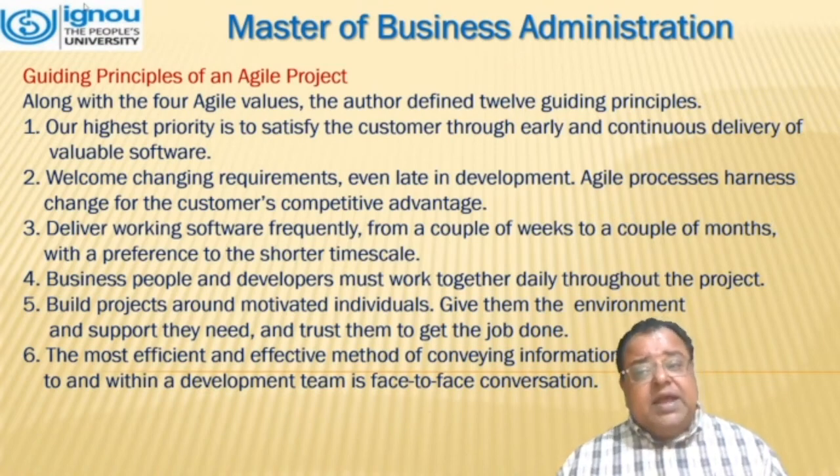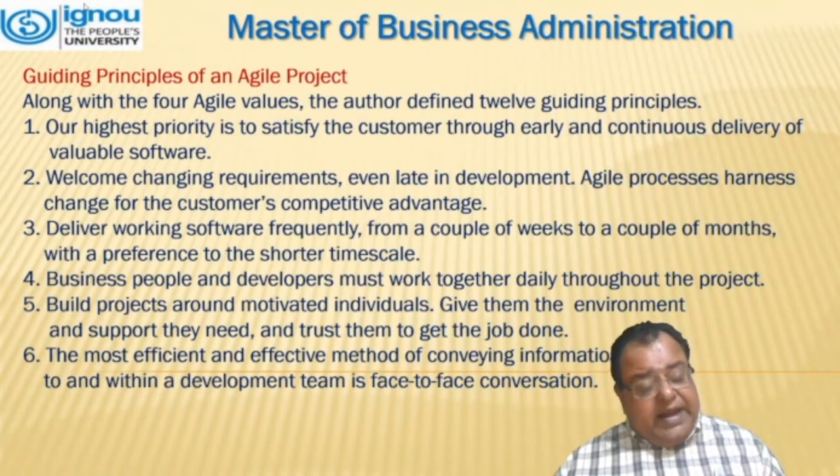Agile processes harness change for the customer's competitive advantage. Deliver working software frequently, from a couple of weeks to a couple of months, with a preference to the shorter time scale. Business people and developers must work together daily throughout the project.